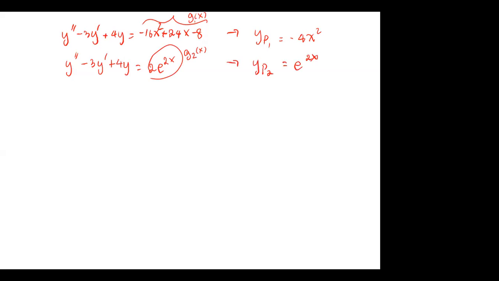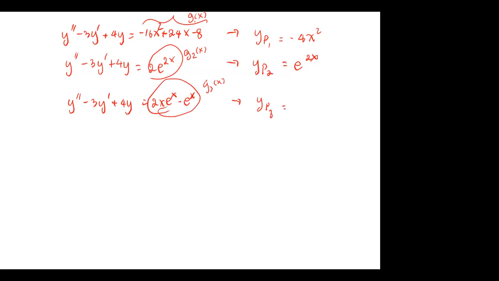And next, for the last one, the left hand side is still the same. The right hand side is 6x e to the x minus 3e to the x. The provided yp3, the particular solution for this g3 of x here, is x e to the x.